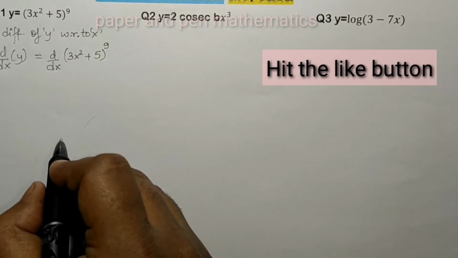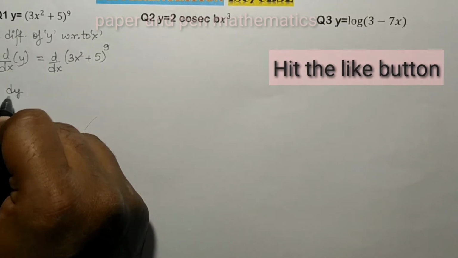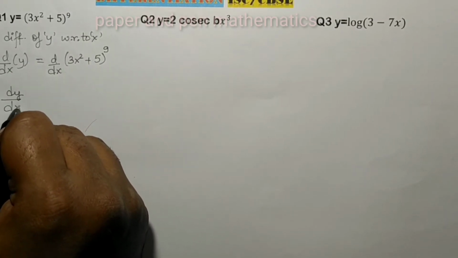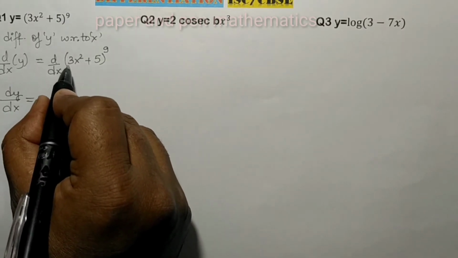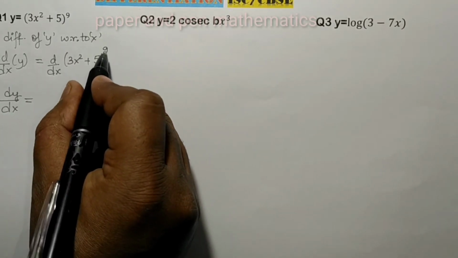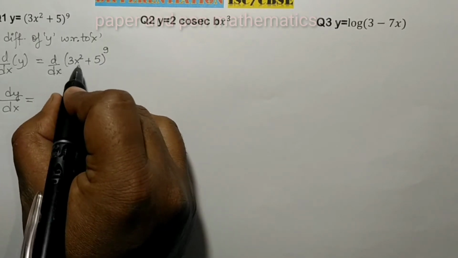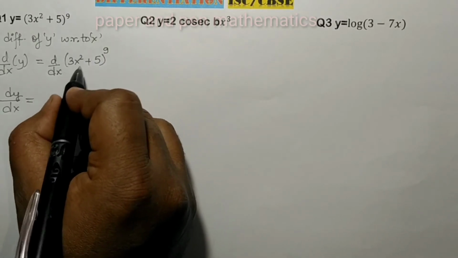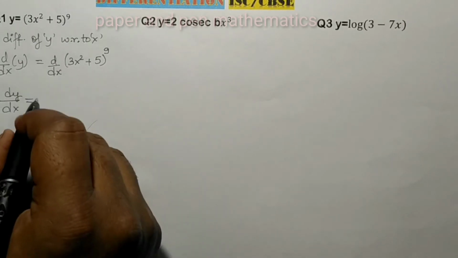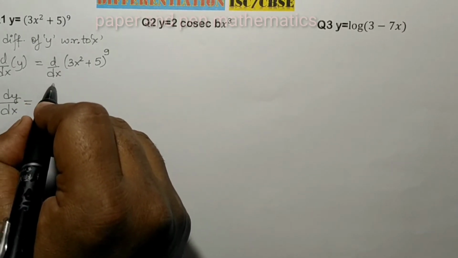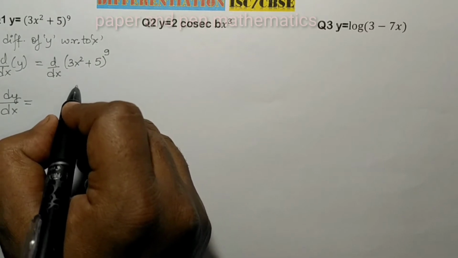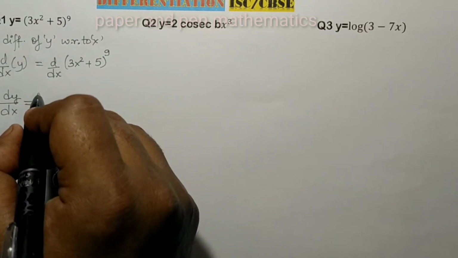Now to do the differentiation of y, your answer will be dy by dx, and to find the differentiation of 3x square plus 5 whole raised to the power of 9, we have to assume that this bracket, this term, is x. So x raised to the power of 9. The formula of x raised to the power of n, as we have studied, is n x raised to the power of n minus 1.